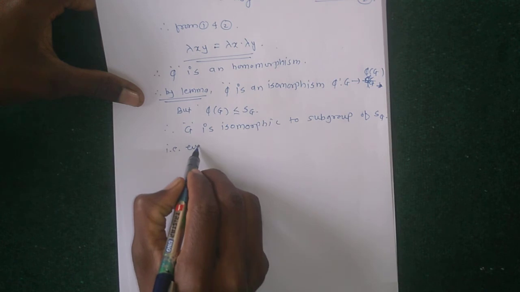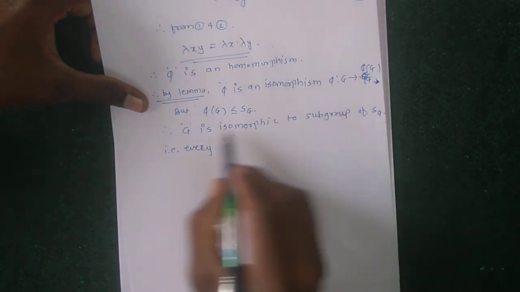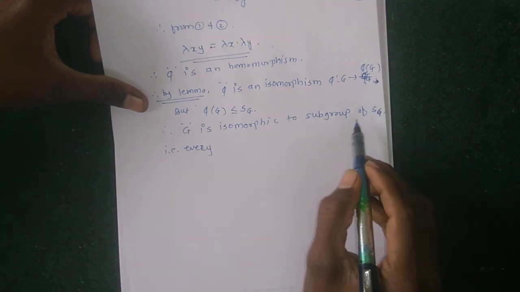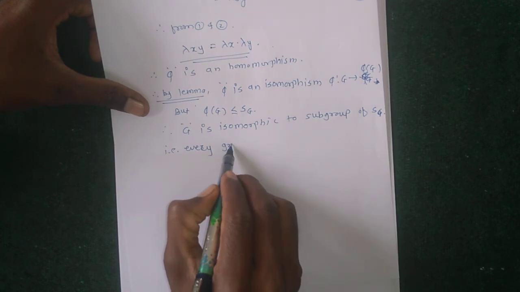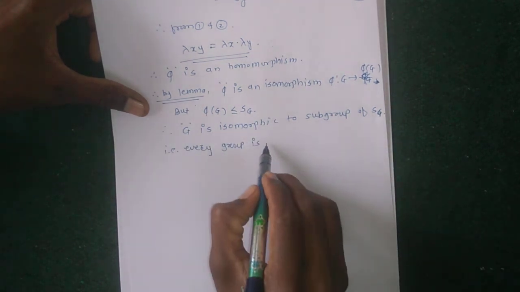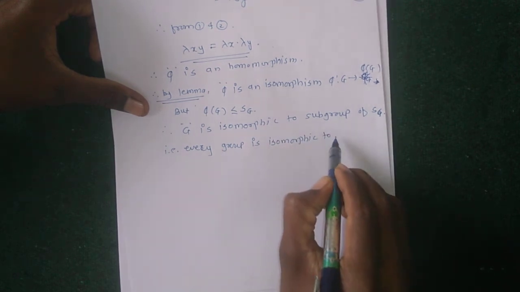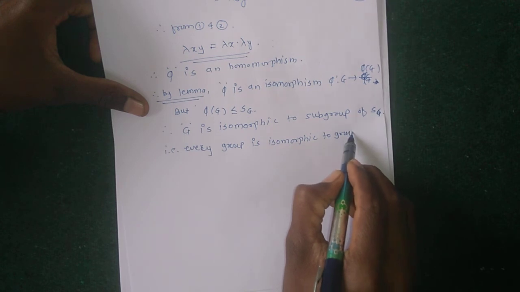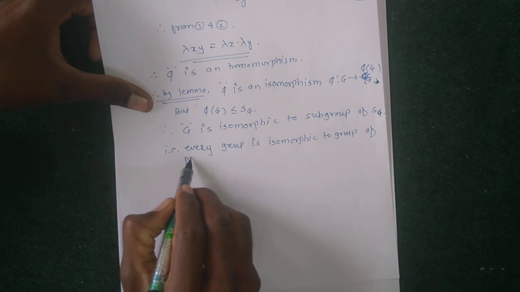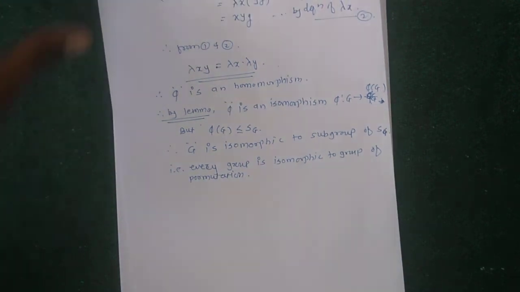That is, G is any arbitrary group, so every group is isomorphic to a group of permutations. This is a very important and very simple theorem.